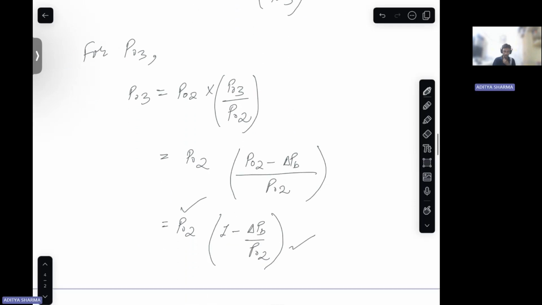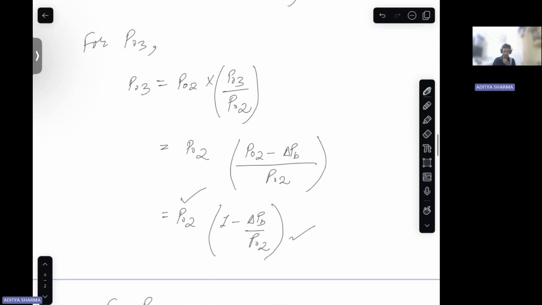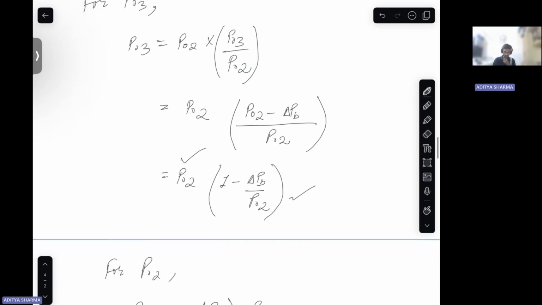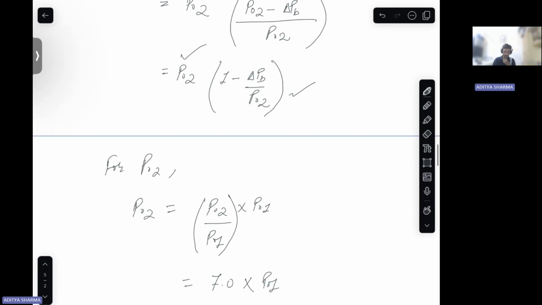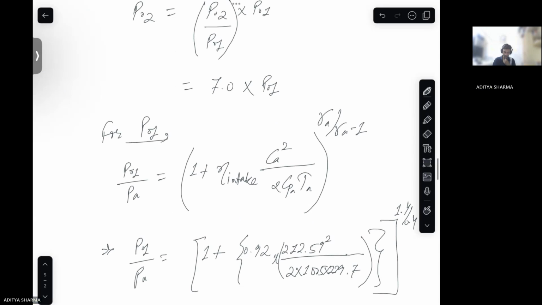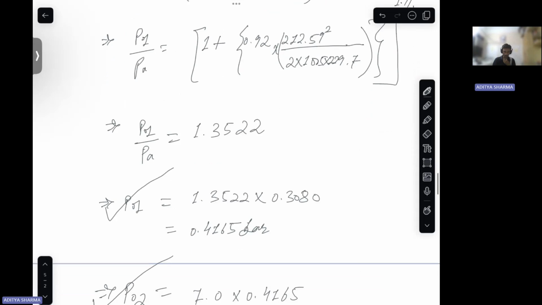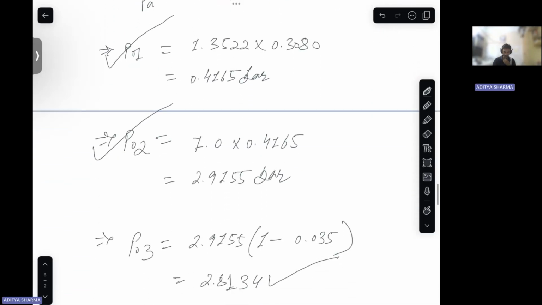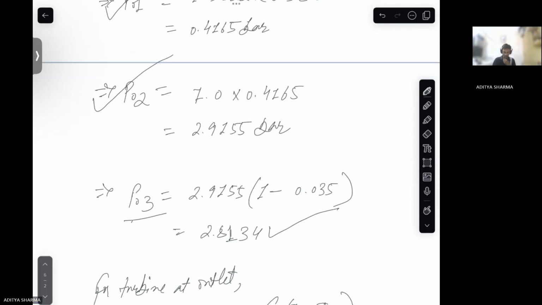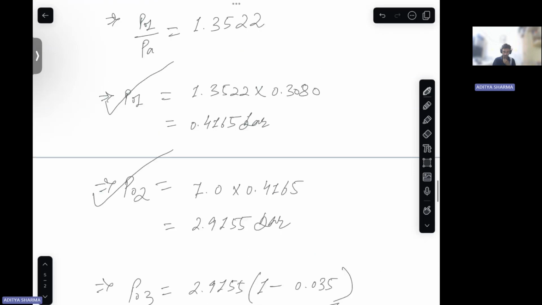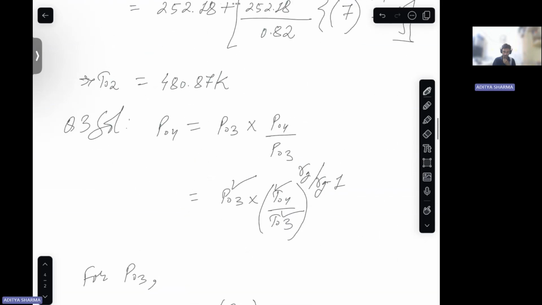So first we calculated P naught 3. For P naught 3, we then realized that we need to calculate the value of P naught 2 and P naught 1. From calculating P naught 2 and P naught 1, we calculated P naught 3. Then once we have P naught 3, now we want to calculate P naught 4.